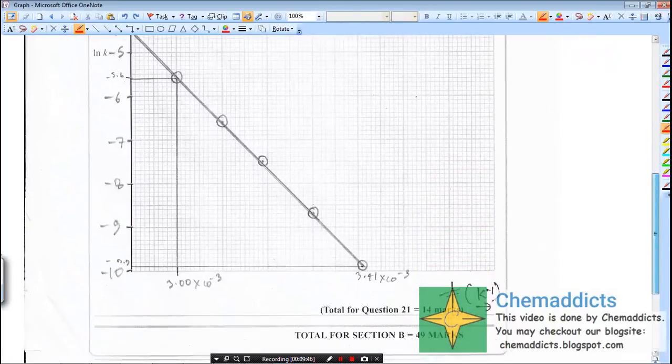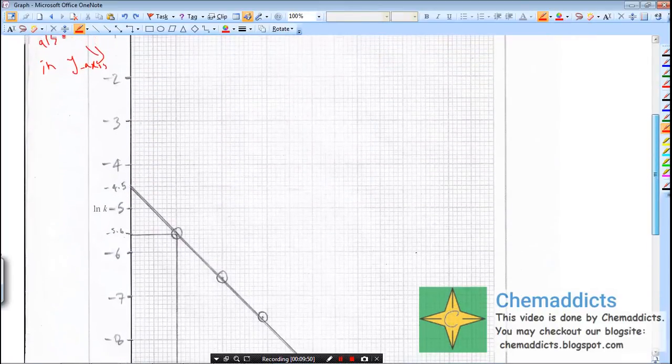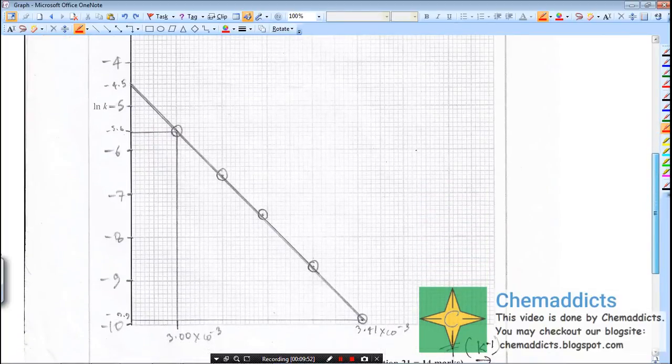Now the second mark would go for plotting. Here you need to plot very accurately according to the scale. So 1 unit costs 10 boxes. 10 boxes is 1 unit.